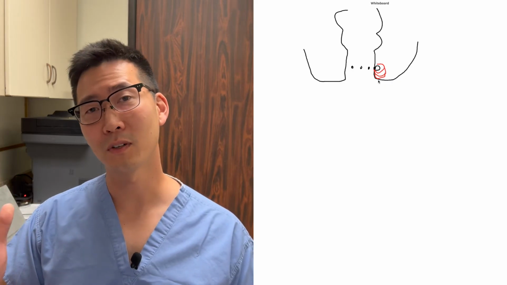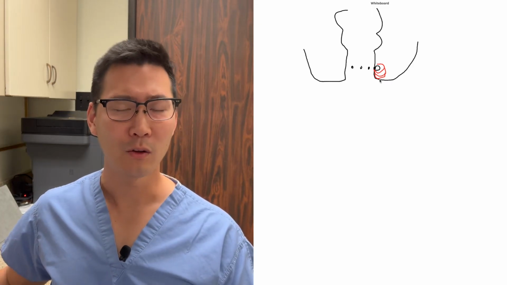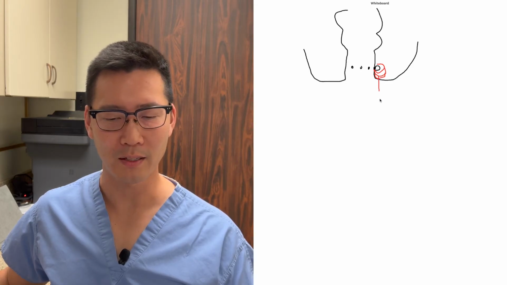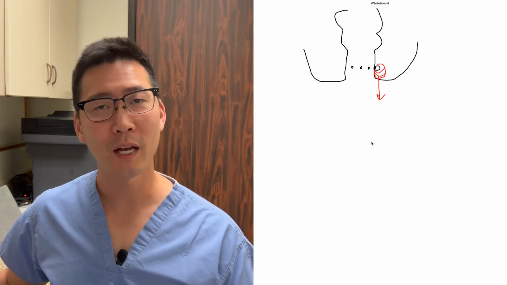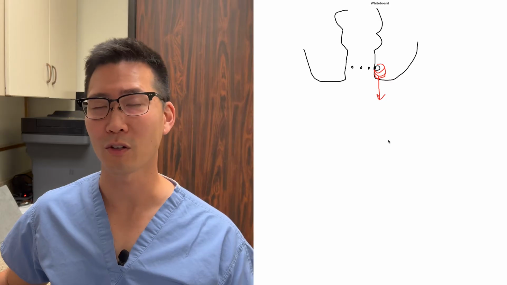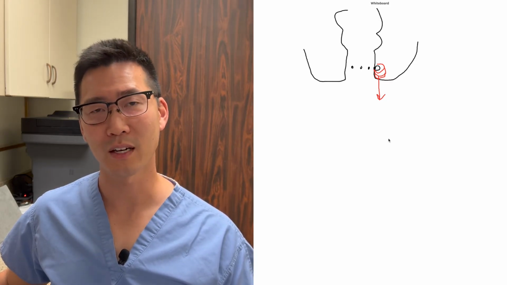It becomes difficult to sit. You hope it pops by itself like a pimple would, and the pus drains out. If it doesn't drain by itself, eventually the pain will get so bad, or you'll be so anxious about it, that you'll see a surgeon like me or a doctor.